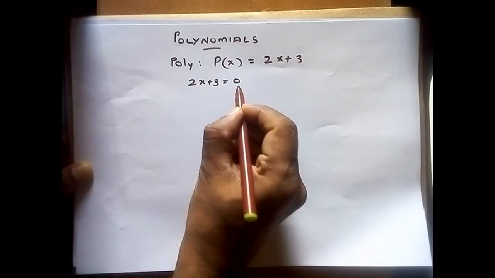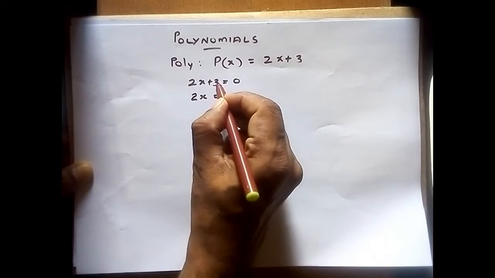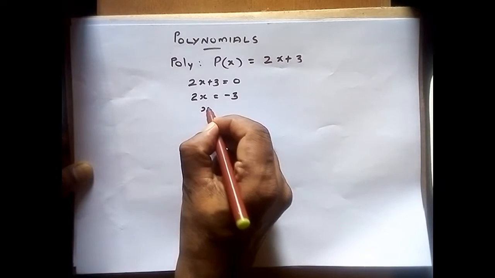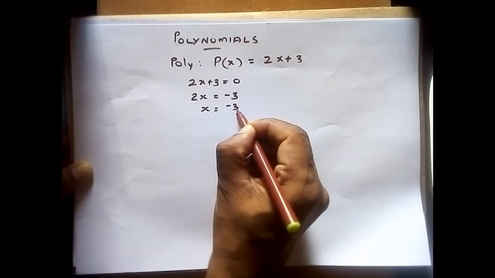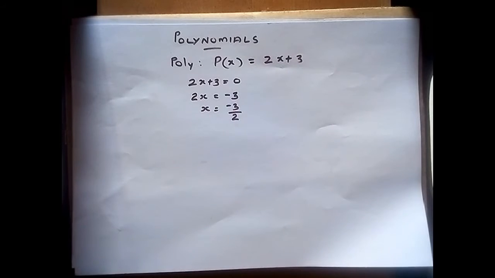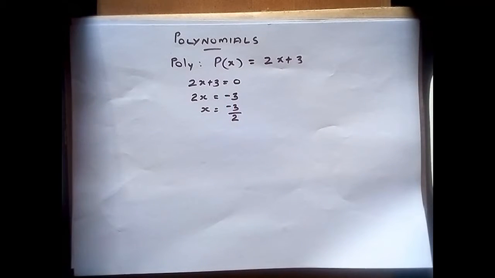Then what will be the value of x? We take 3 to the other side so it becomes minus 3. So x is equal to minus 3 divided by 2. So minus 3 upon 2 is the value of x for which this polynomial becomes 0.